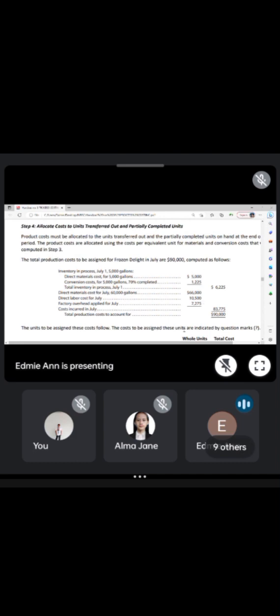So the total production cost to be assigned for Frozen Delight in July are 90,000, computed as follows. Direct material cost for the 5,000 gallons is $5,000. Conversion cost for the 5,000 gallons, 70% complete, is 1,225. Ma'am, ngano mag 5,000 o 1,225 niya ang total inventory nga cost kay 6,225?